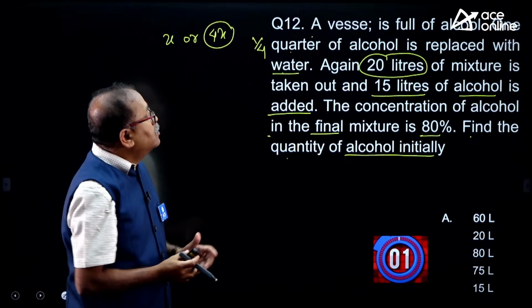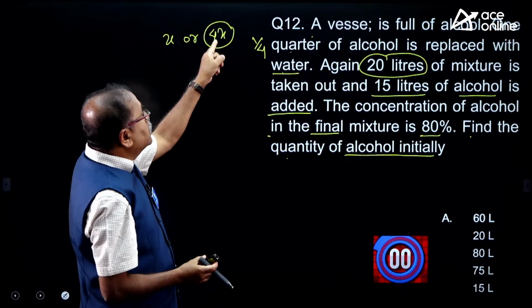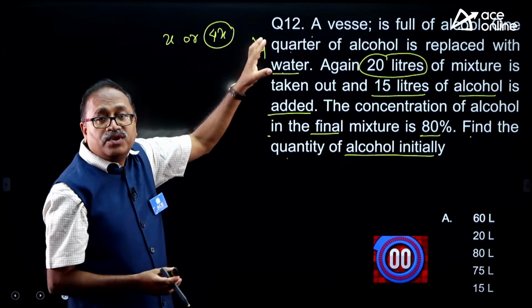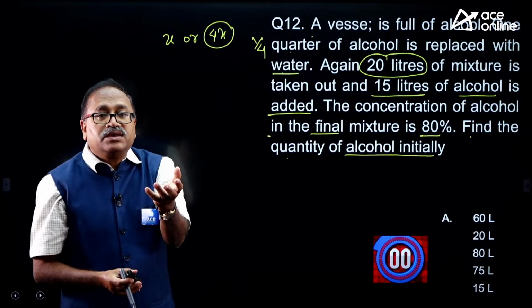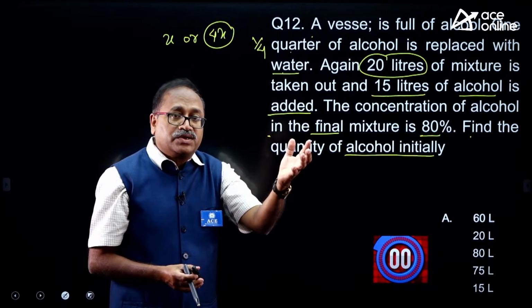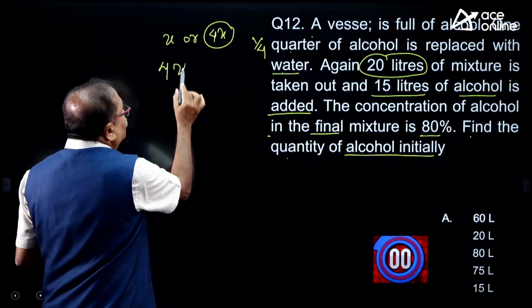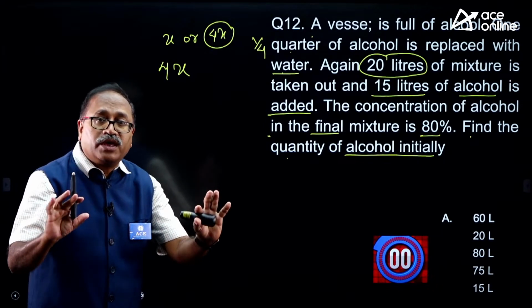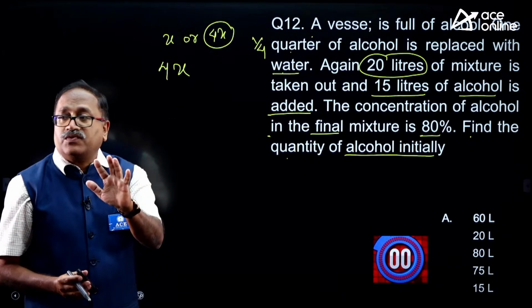Why 4X? 1/4 of the alcohol is taken out, so 1/4 of 4X is nothing but X. That helps to avoid the fraction. So I am considering the initial quantity was 4X. The moment I get the X value, I will get the 4X value.